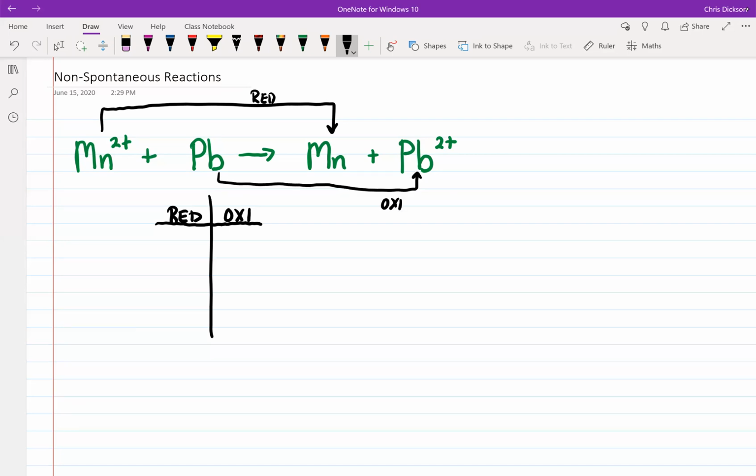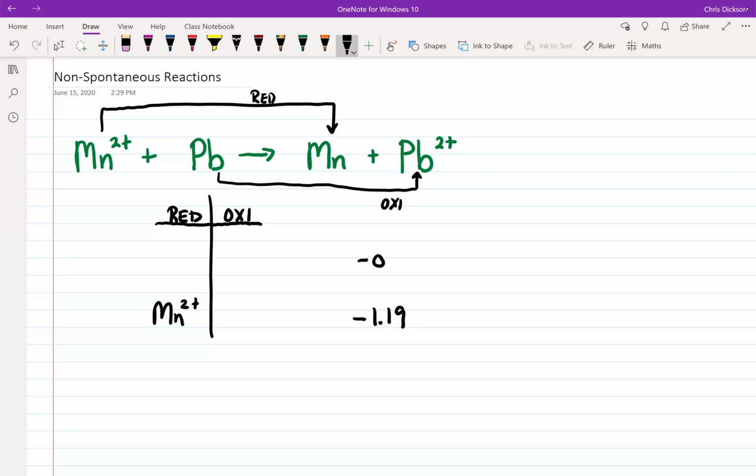So this makes it pretty easy for me just to say, well, manganese ions are on this side, they're being reduced. Now I just got to find my lead. So my manganese ions, if you're looking for them, are at -1.19. And the lead reaction, where lead metal is being oxidized, is at -1.3.